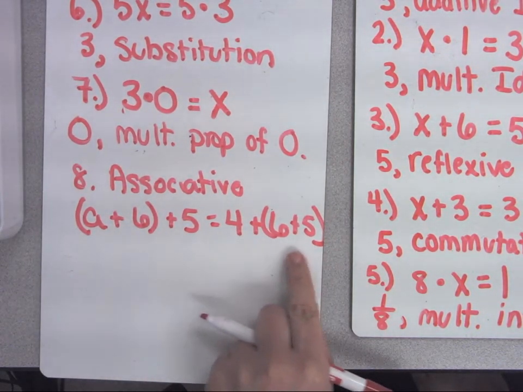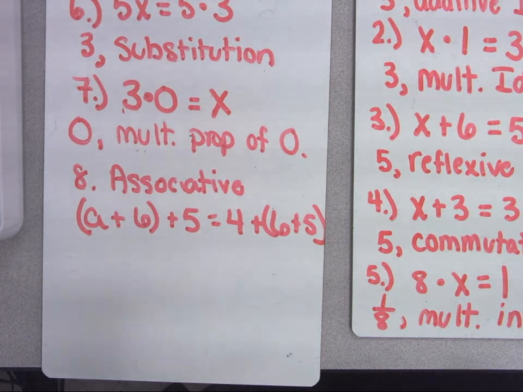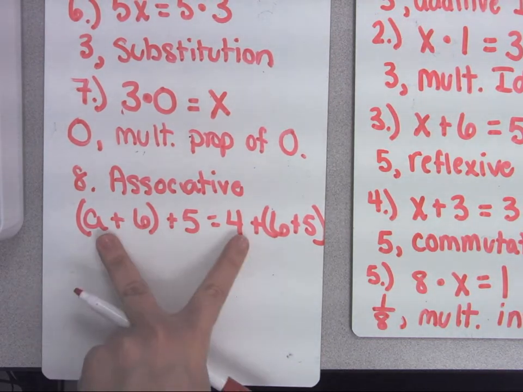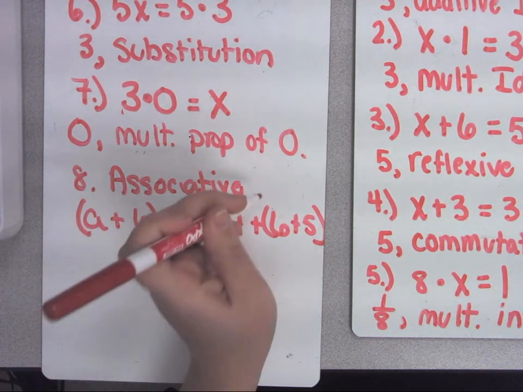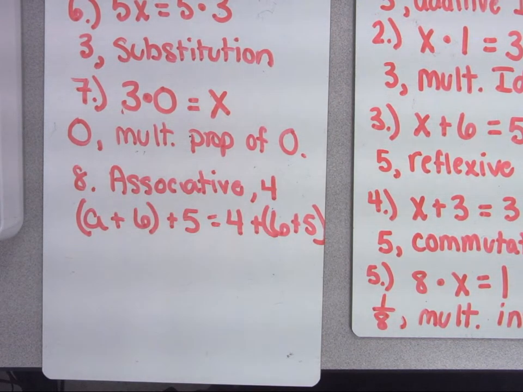The order of the numbers is the same, but who I associated with was different. The parentheses are different. That's why it's called associative. And then A would be 4 in this case. That's the last property.